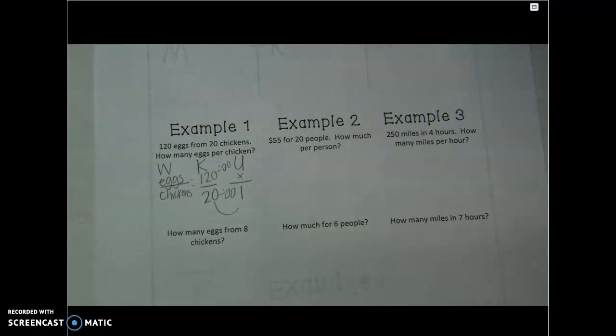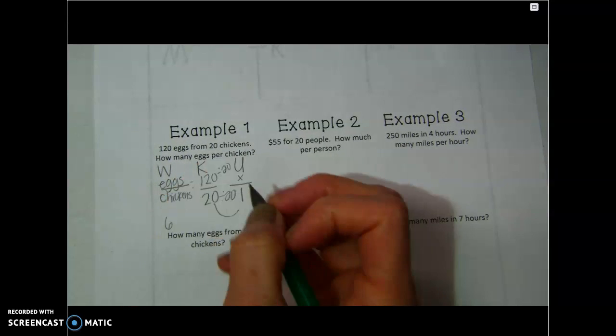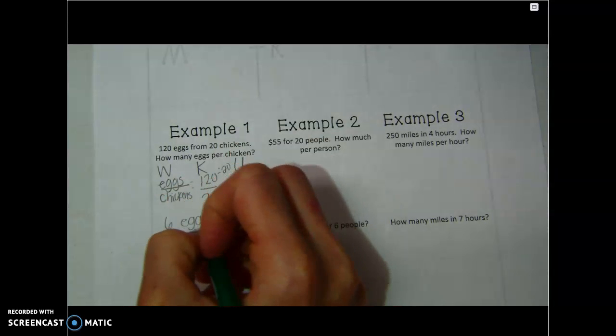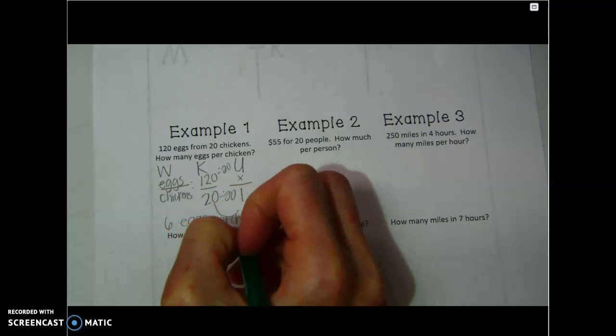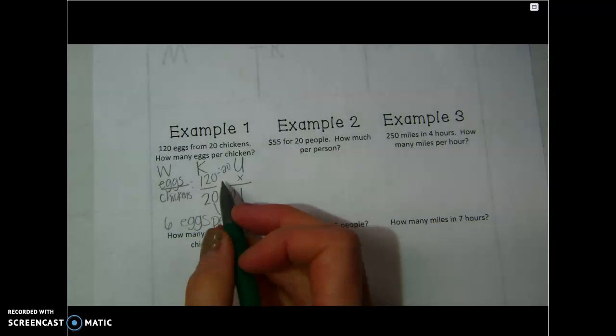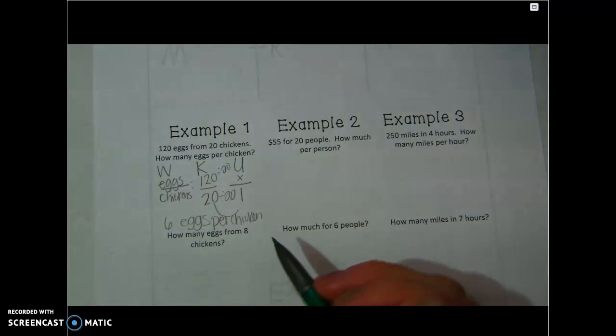So whenever you work that out, 120 divided by 20 is 6. So your answer is 6 eggs per chicken. And all I did was say 120 divided by 20, and I get 6.